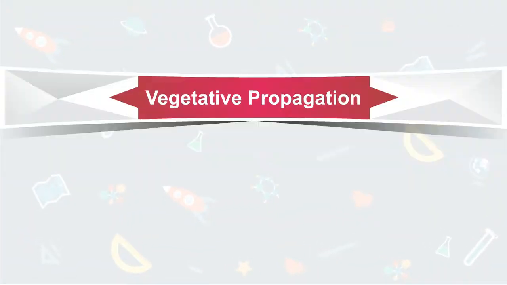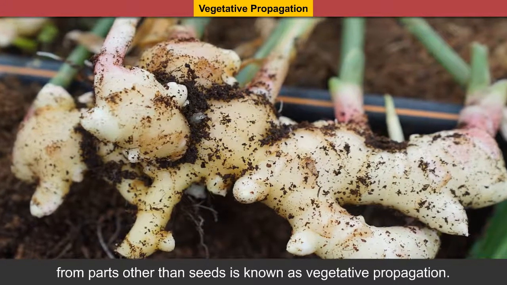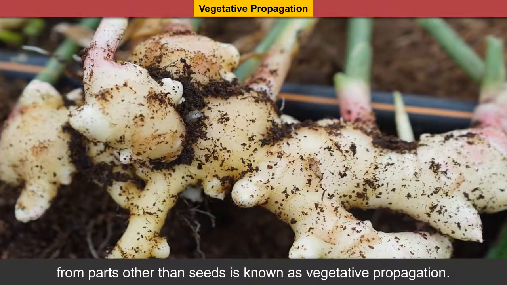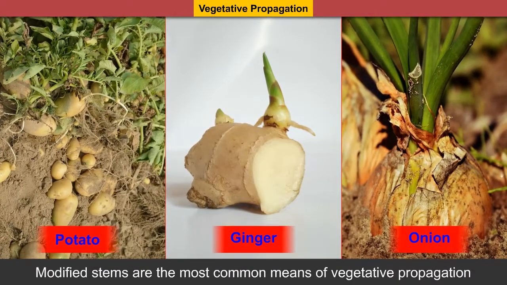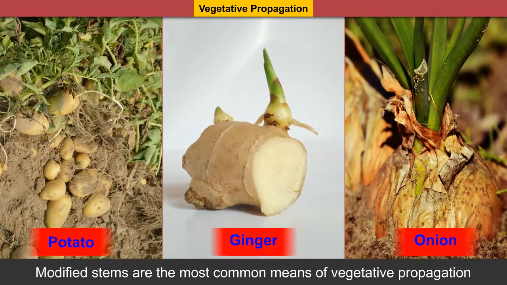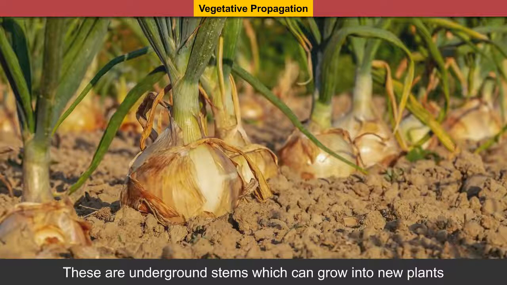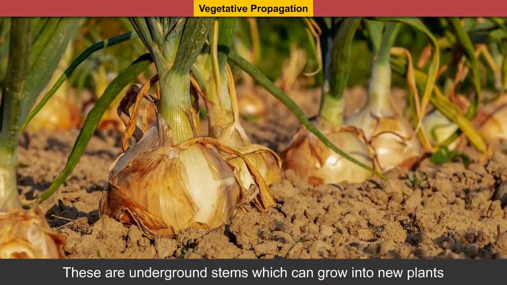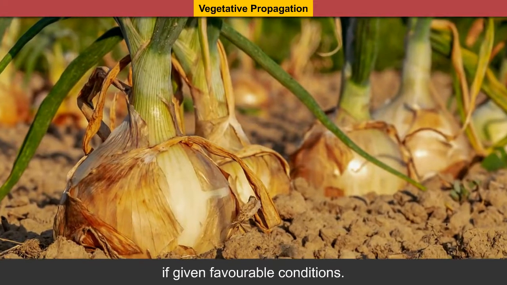Vegetative propagation. The method of growing new plants from parts other than seeds is known as vegetative propagation. Modified stems are the most common means of vegetative propagation in plants like potato, ginger and onion. These are underground stems which can grow into new plants if given favorable conditions.